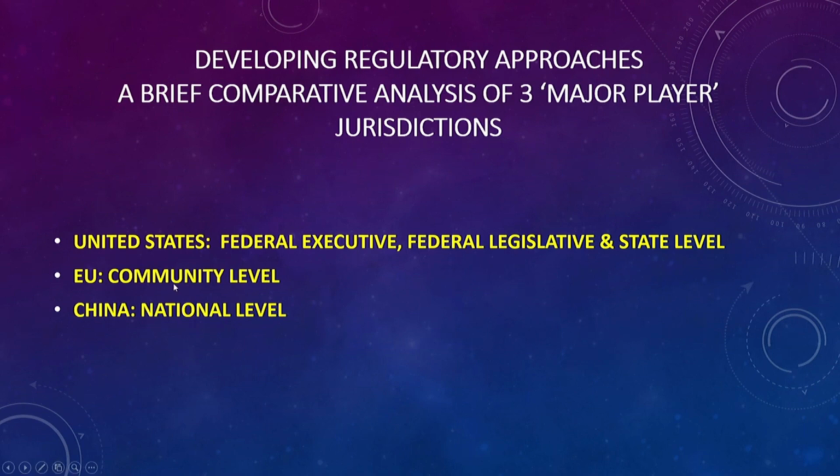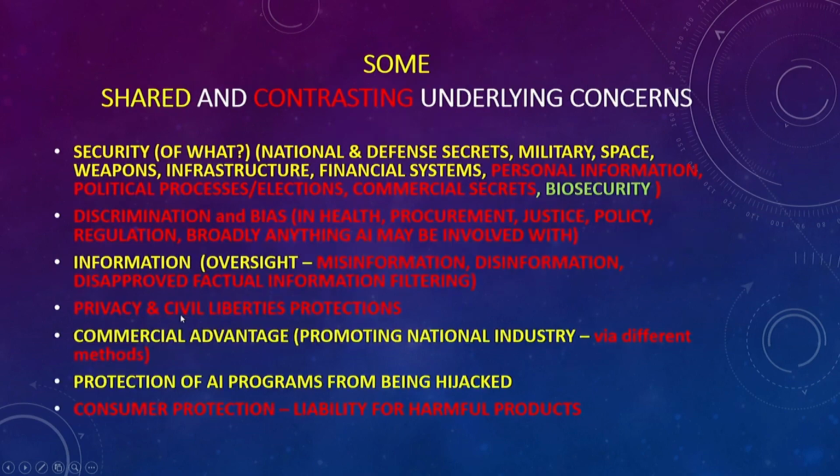The EU's done a comprehensive thing, and they've come up with three levels: prohibited, risky, and pretty much non-regulated. And then China's ahead of the game. It started regulating earlier. I thought it was interesting to look at the shared and contrasting underlying concerns.